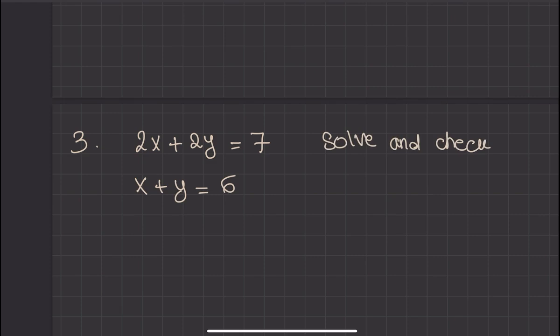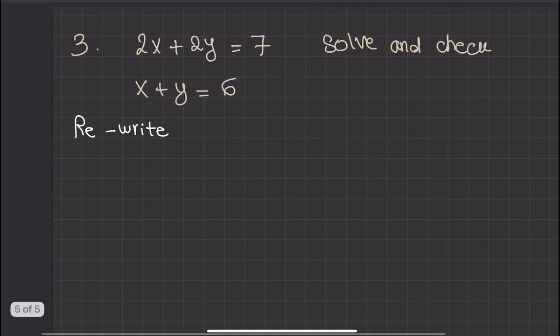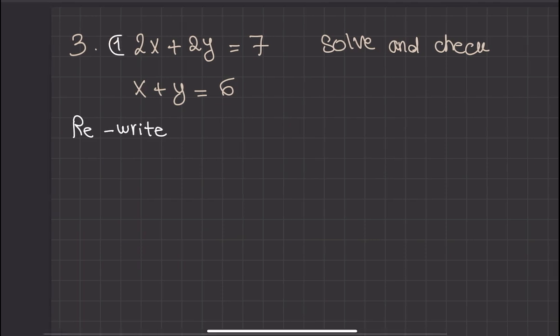So what I'm gonna do, as you see here, right now we have to rewrite both equations because in this scenario both of them are not solved for y and we have to make them solve for y. So I'm gonna rewrite the whole thing. So rewrite equation 1.